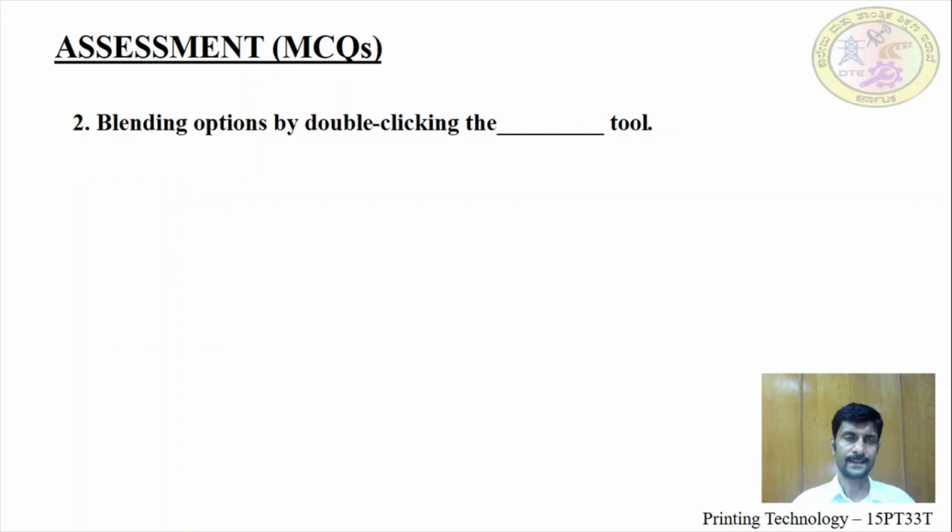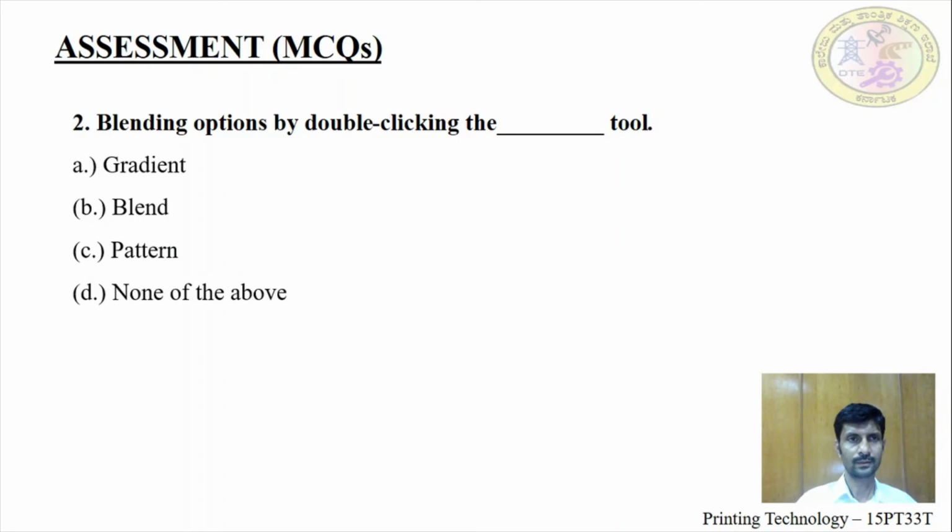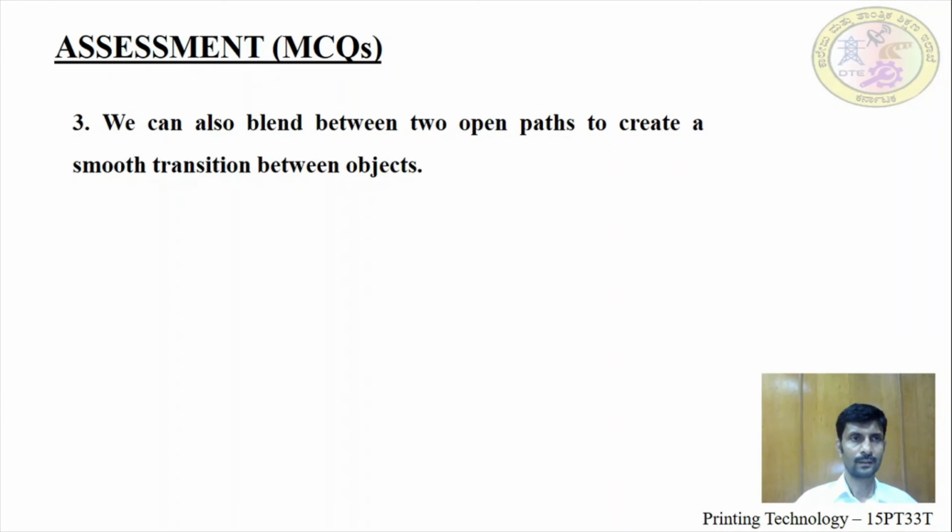Question. Next is blending options. Blending options by double clicking the dash tool. The options are gradient, blend, pattern, none of them. In the question itself, there is a clue for this answer. This statement: we can also blend between two open paths to create a smooth transition between the objects.